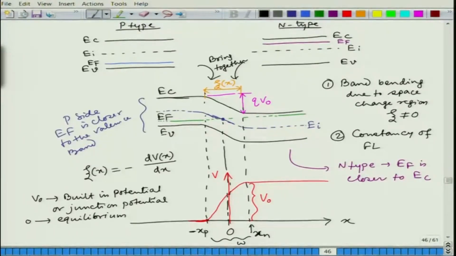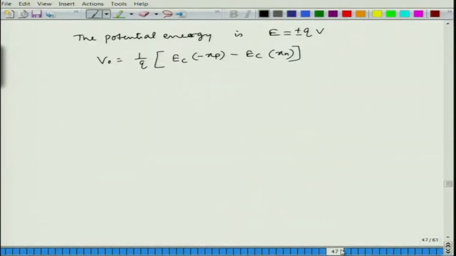You have to find the potential energy, because this potential is obtained from this equation, right. So, E c and E v, the amount of bend you have to find. Okay. So, either you look at the change in conduction band, or you can also look at the change in valence band. Okay. The thing will be the same.